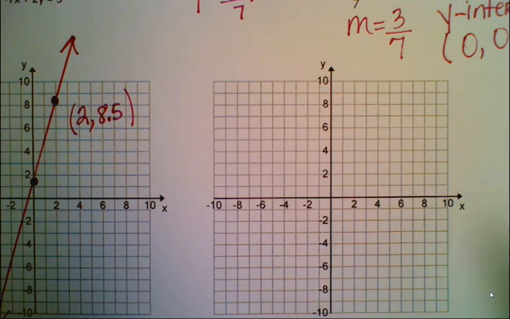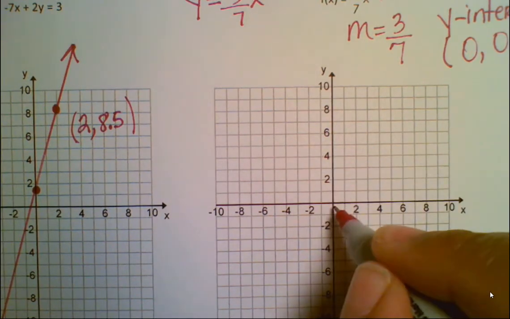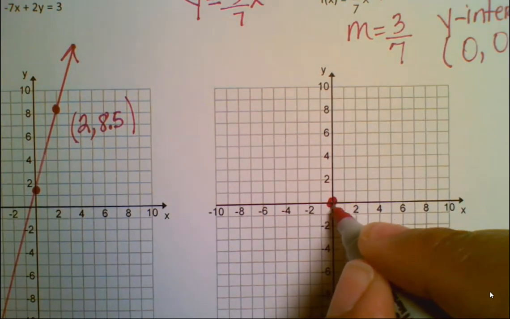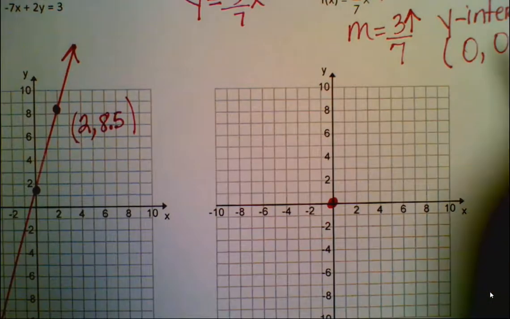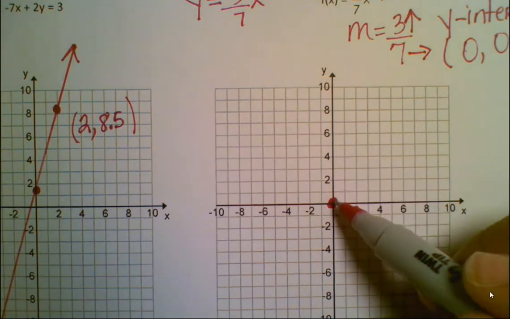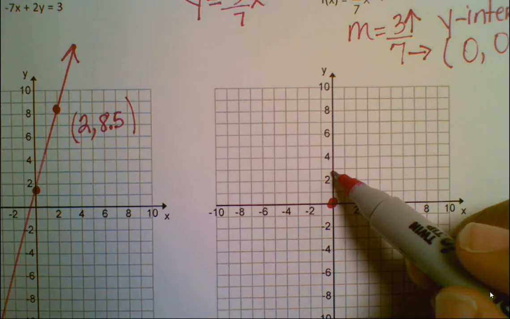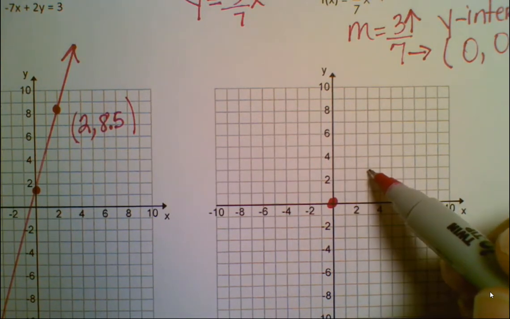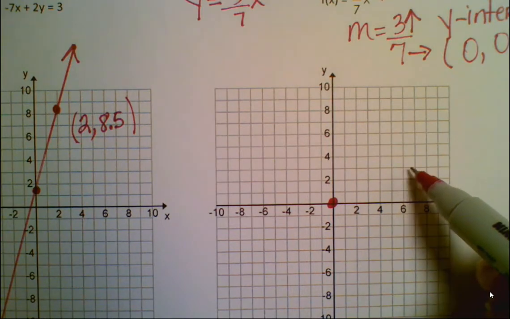Let's go ahead and graph. We have everything that we need here. Start at the origin. We're going to rise, meaning we're going to move up 3, and then we're going to run 7 units to the right. So let's count. 1, 2, 3, and then we're going to count 7 units to the right. 1, 2, 3, 4, 5, 6, 7.